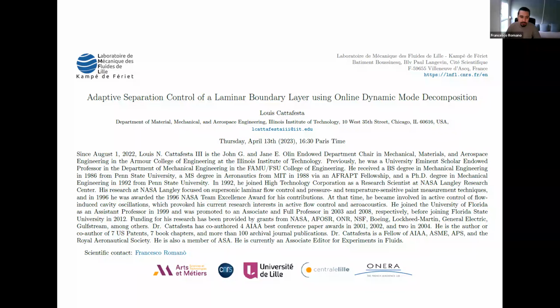He joined the University of Florida as an assistant professor in 1999 and was promoted to associate and full professor in 2003 and 2008, respectively, before joining Florida State University in 2012. Funding for his research has been provided by grants from NASA, AFOSR, ONR, NSF, Boeing, Lockheed Martin, General Electric, Gulfstream, among others.